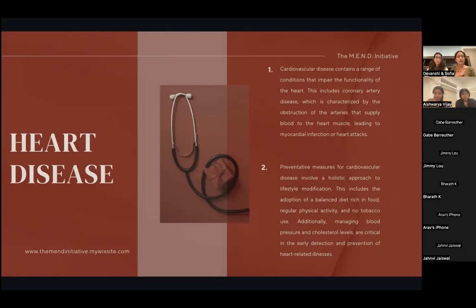It keeps the heart healthy and strong, leading to your overall body being healthy and strong. Additionally, it's very important to limit your intake of alcohol and tobacco, as those are major risk factors when it comes to heart disease. So all of these are just the basis to preventing heart disease, but one of the most important yet simple steps.